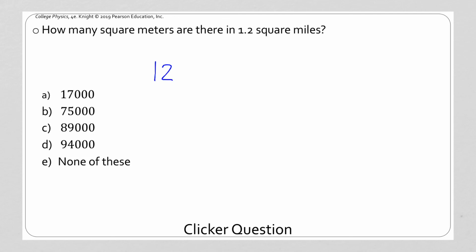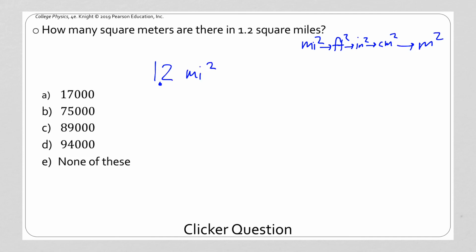Here I have 1.2 square miles, and I want to convert that to square meters. I know that miles are imperial and meters are metric, so I know that I'm going to end up having to convert from imperial to metric, and there's only one conversion that I know there. I know I can go from centimeters to meters. I can't go from miles to inches, but I can go from miles to feet to inches.